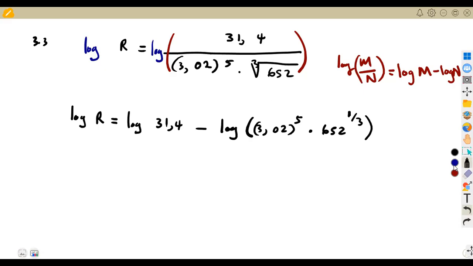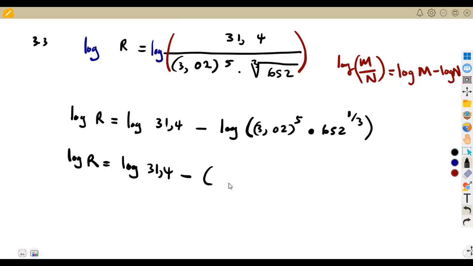That was the idea. Now we are back. These two, they are multiplying. So what made us be multiplying? It was because we were adding the logarithms, just the opposite of dividing. It means we were adding the logarithm. So we had the logarithm of r, which was equal to the logarithm of 31,4 minus the two logarithms here that we are going to be adding, because we are multiplying.